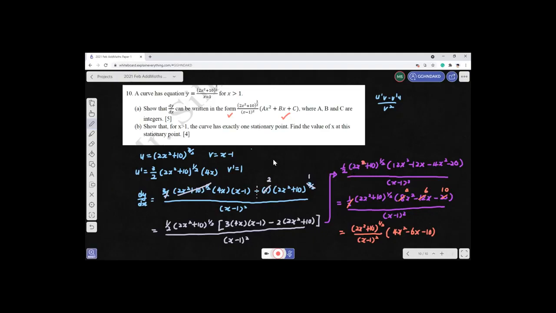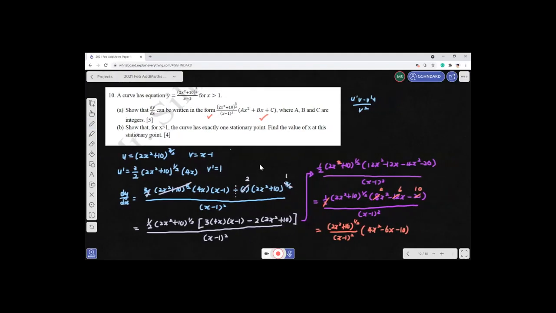Then the question says, show that for x more than 1, the curve has exactly one stationary point. Find the value of x. When we say stationary point, dy/dx is equal to 0. So I make this whole thing equal to 0.